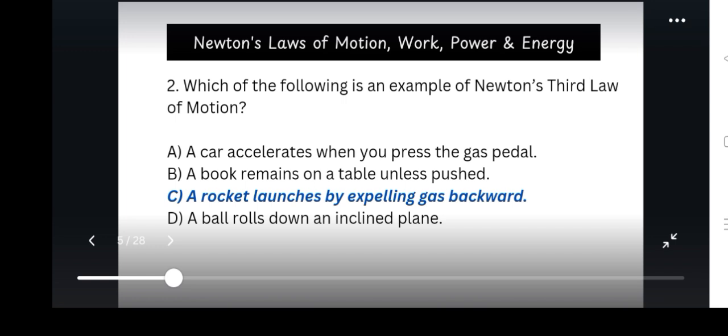And letter A is more on the application of Newton's second law of motion. Letter B, a book remains on a table unless it's pushed, is an example of the first law of motion. So our answer here is letter C.